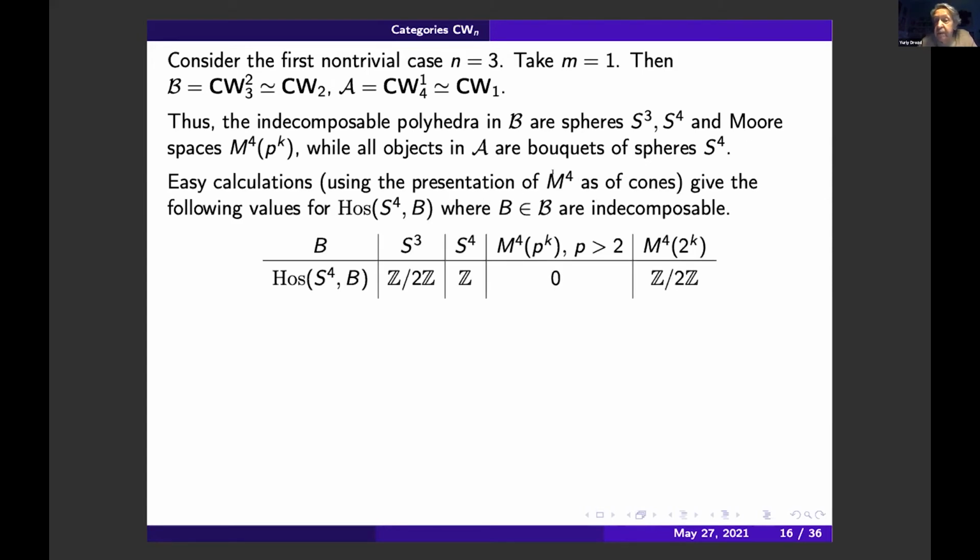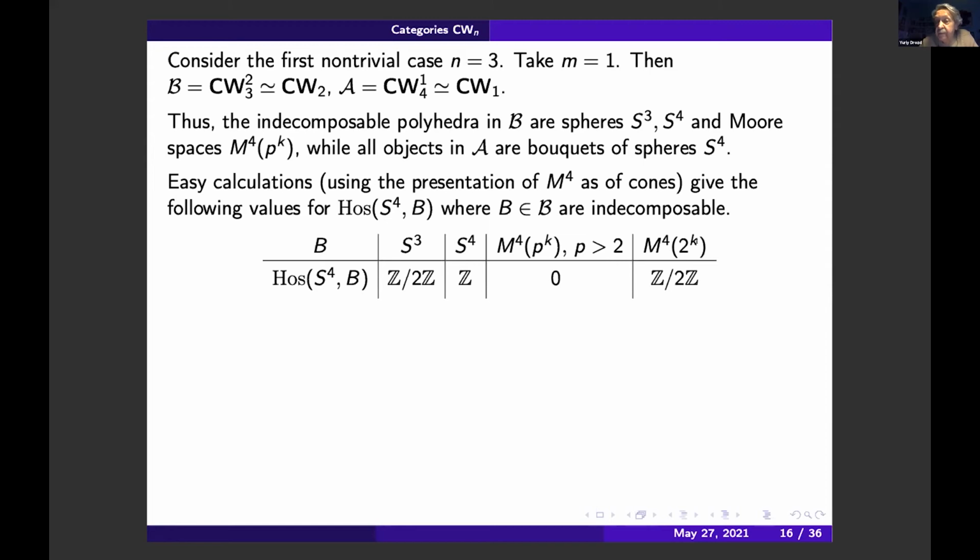Easy calculations using the presentation of Moore spaces as cones give the following values of stable homotopy groups. That is, for S3 it is a cyclic group of order 2. For S4 it is just Z. For Moore spaces with odd degree, it is 0.